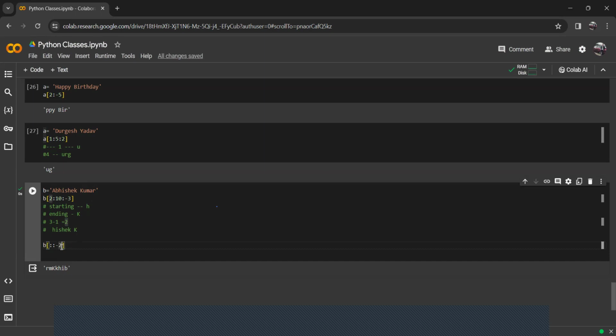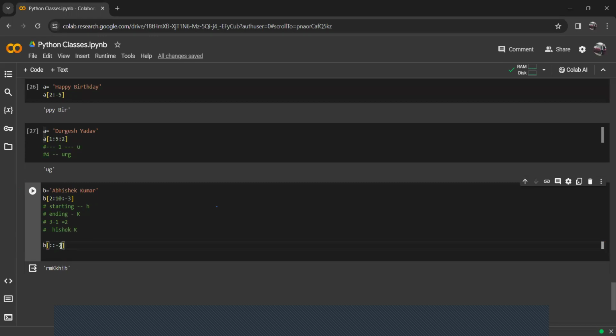See, this is -2. Just understand this -2: if you are not giving any starting and ending position, it will only skip one position. -2 -1 would be -3, but if you are not giving any condition at the starting, then -2 will not be -3.